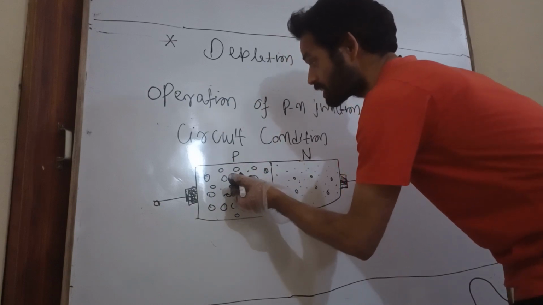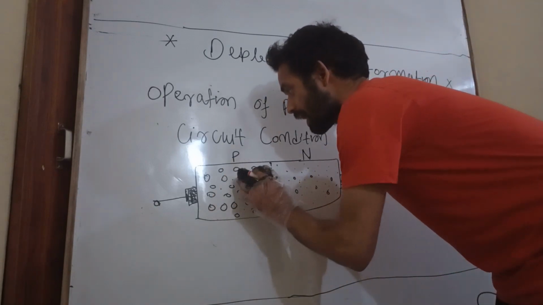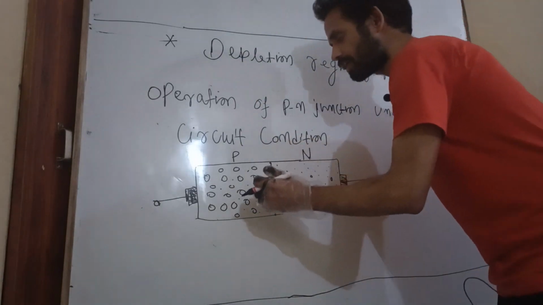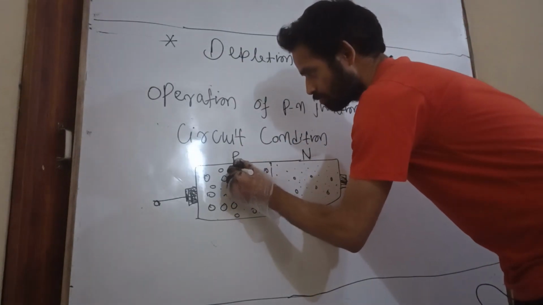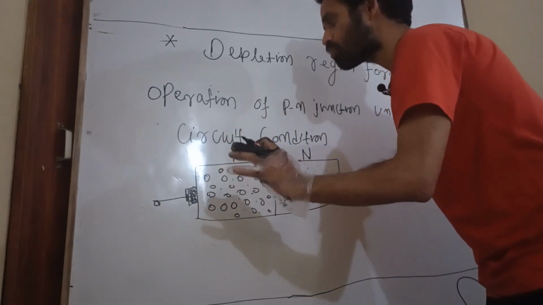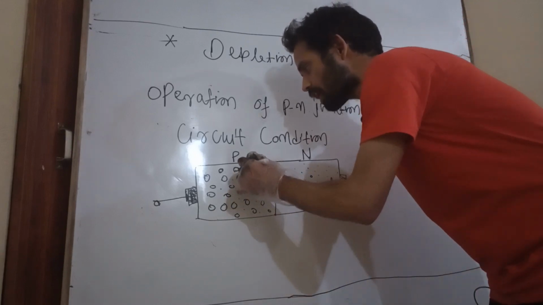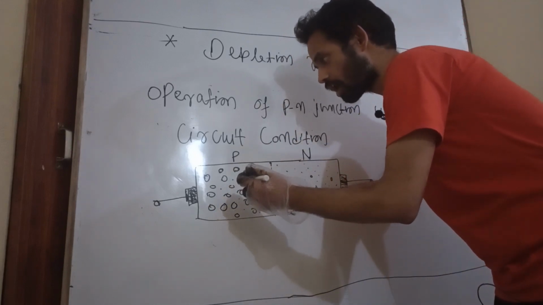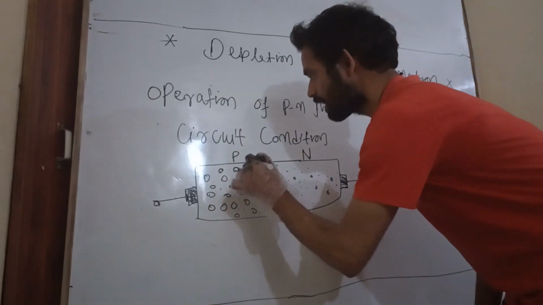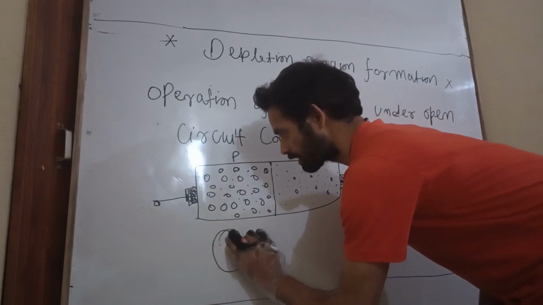Now all these holes on the P side are positively charged empty states, and every empty state is neutralized by an equal amount of bound charge that is associated with the atom. At the P side there is an acceptor atom.